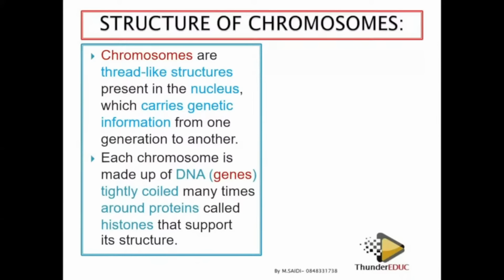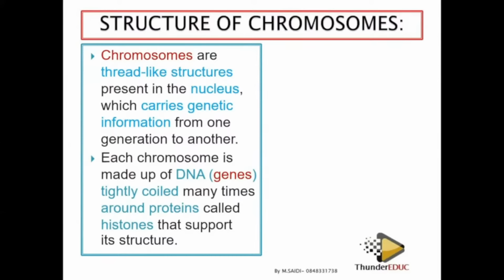We saw this when we were talking about protein synthesis, and also when we were talking about the structure of the DNA. Yes, so they coil around histones that support the structure of the DNA. Because the genes cannot just exist there in air, they need to have a support.